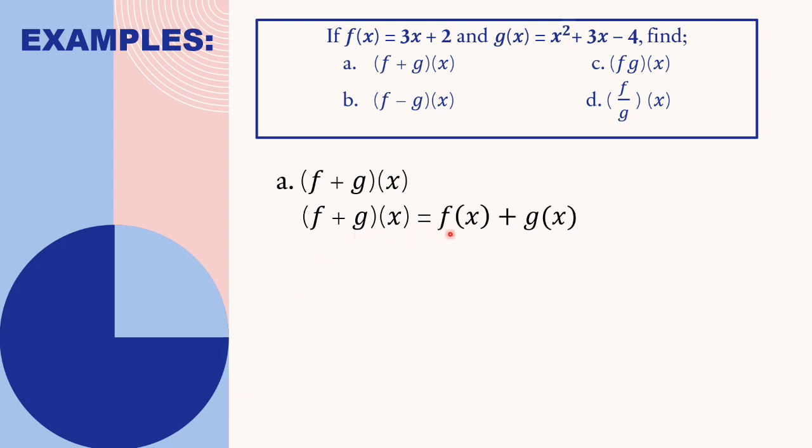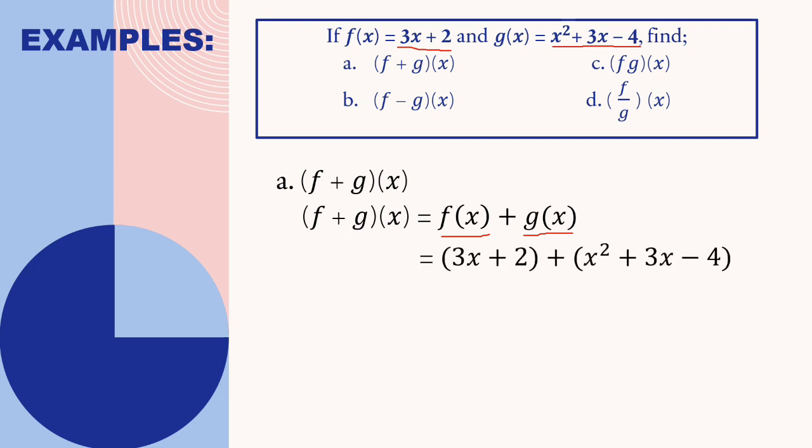So for letter A, we have f plus g of x, which is equal to f of x plus g of x. What is the given for f of x? We have here 3x plus 2. How about for g of x? We have x squared plus 3x minus 4.